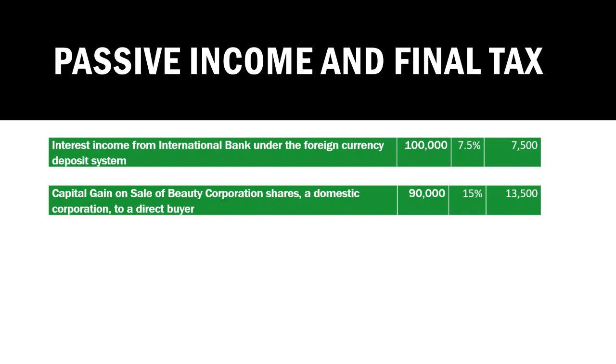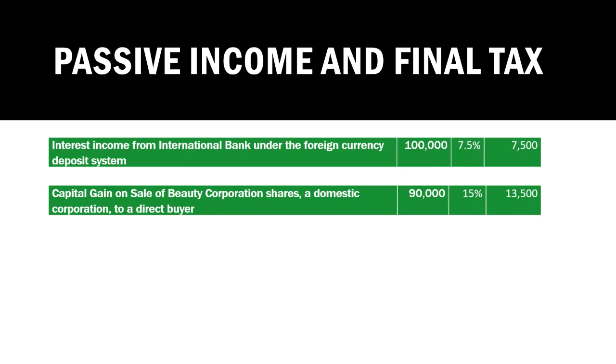So, as you notice, the passive income are not subject to regular corporate income tax, but they are subject to final tax. So the rate is lower as compared to 30%, although the regular corporate income tax is based on the taxable income, which is net of deductions.